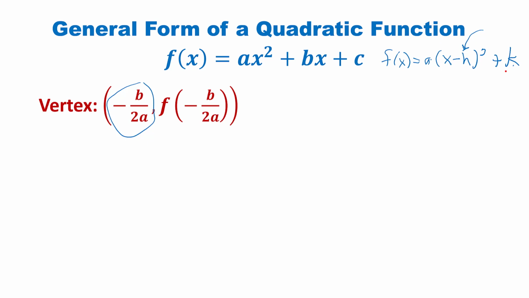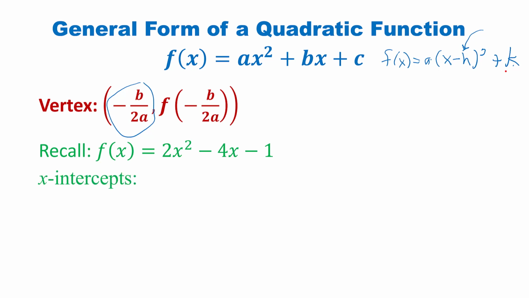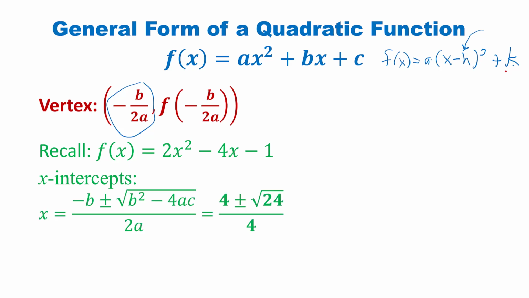Well, let's look at the example that we just had. f of x equals 2x squared minus 4x minus 1. And here the x-intercepts, so in general, we found the x-intercepts by taking negative b plus or minus the square root of b squared minus 4ac all over 2a.